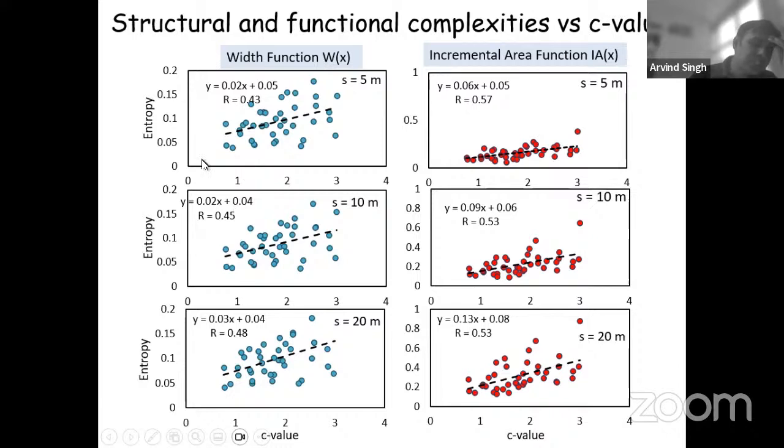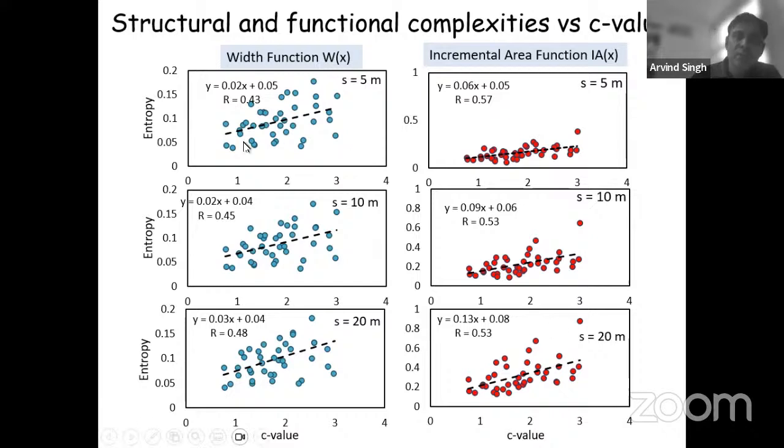A few observations can be made if you look at these plots. For example, if we compare the y-axis of width function with the y-axis of incremental area function, the entropic content in the case of width function is much smaller as compared to the incremental area function across all scales.